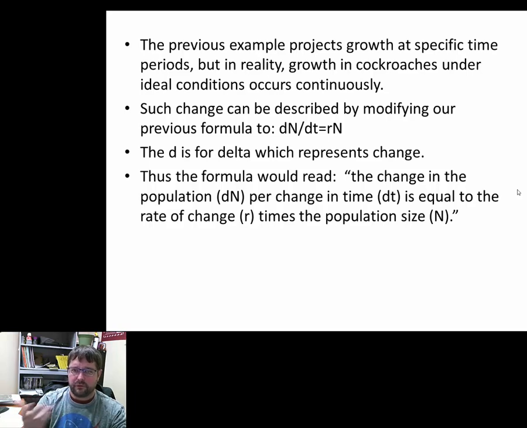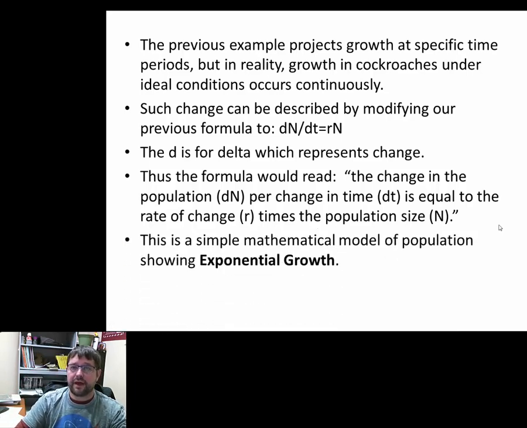So the formula would read, the change in the population per change in time is equal to the rate change times the population size. R is not a constant. R can change over time and may change over time. And we'll look at situations where it does change over time in the next lecture.